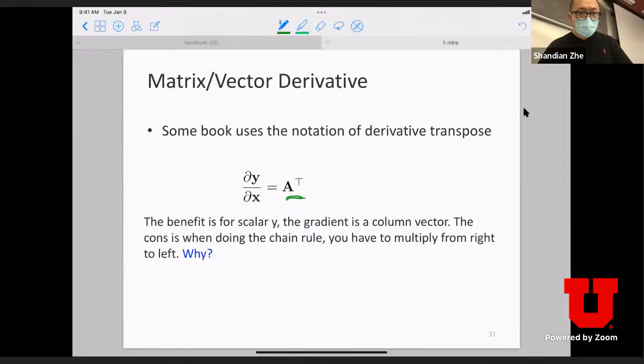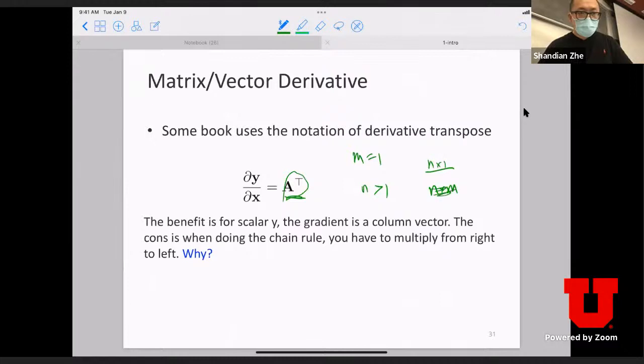But there is some convenience in doing this. Why? Imagine y is a scalar, so m is 1, and x is a vector, so n might be bigger than 1. Then the transpose of the Jacobian will be a column vector, because it is n by m, and m is 1, so it's an n by 1 vector.